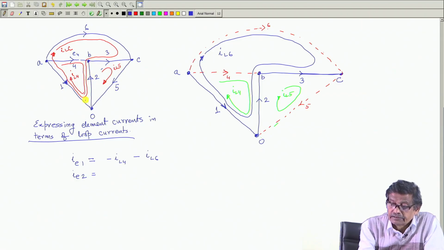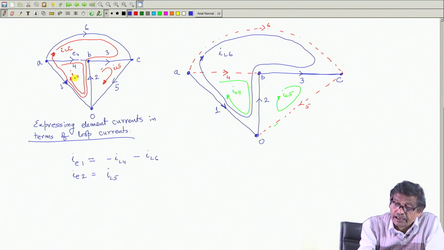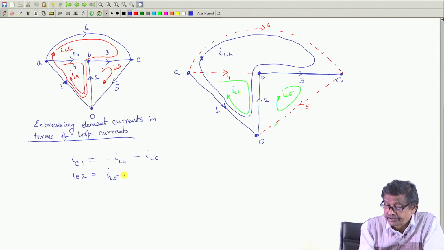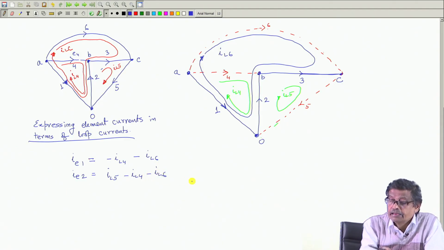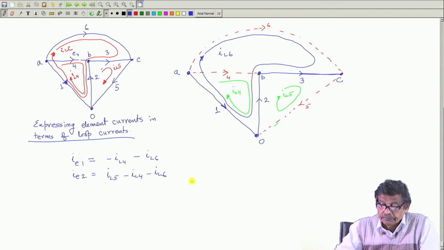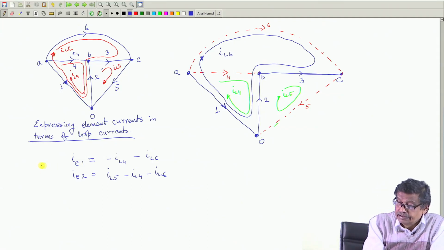What are the loop currents that are present in this branch 2 or element 2? It is IL5, this is the loop current. So, IL5 will be plus because this way it goes. Then also IL4 and IL6 in the opposite direction. So, minus IL4 minus IL6. This will be element current 2.